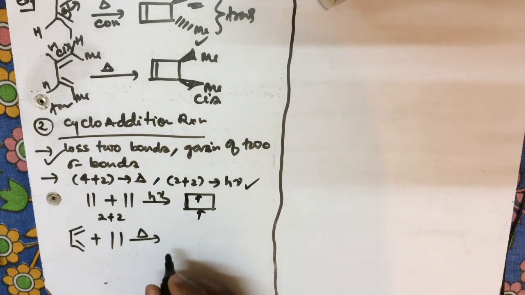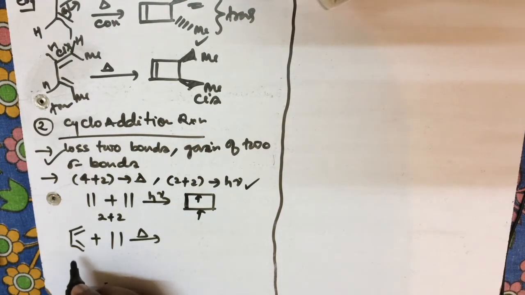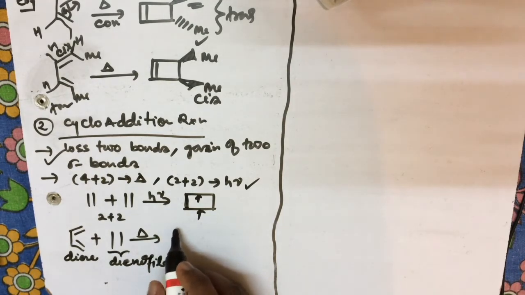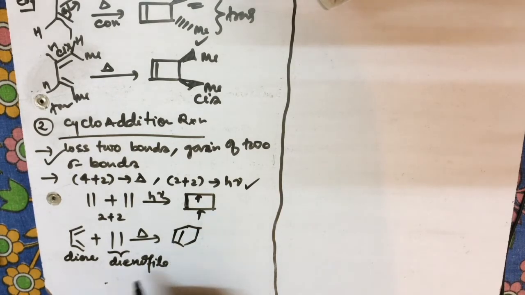So this is the diene, this is the dienophile, okay. Under heat condition this will form the product, 4 plus 2 under heat.